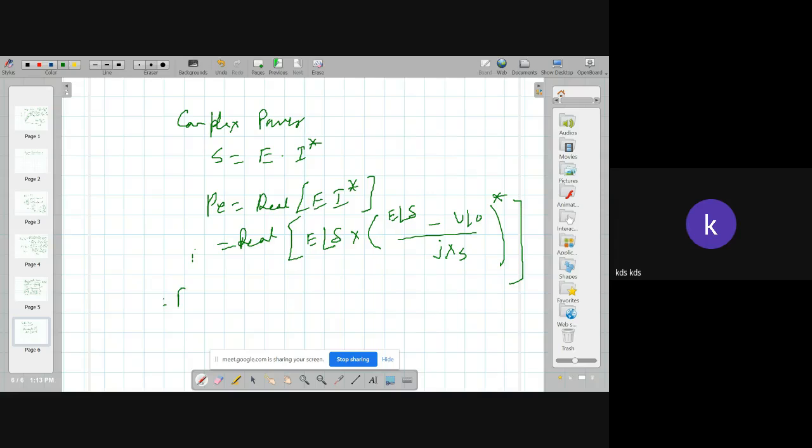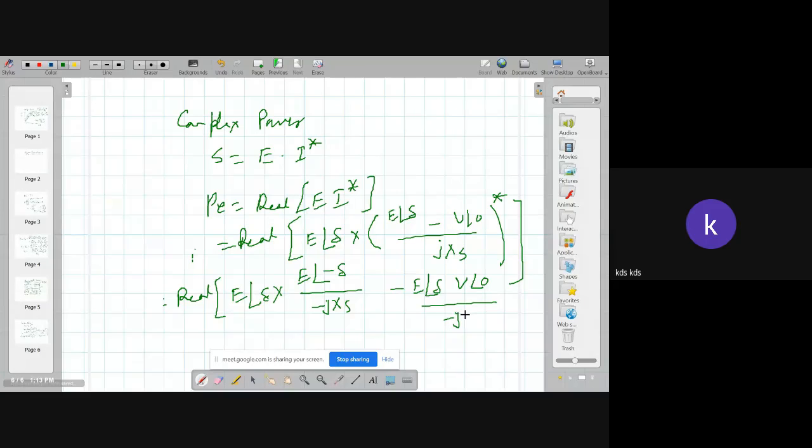So the real value of E angle delta multiplied by, whenever I take the conjugate, it becomes E angle minus delta divided by minus jXS, minus E angle delta multiplied by V angle minus 0 degree, doesn't matter, 0 is 0 whether positive or negative, minus jXS. So what I have done is taking the conjugate.